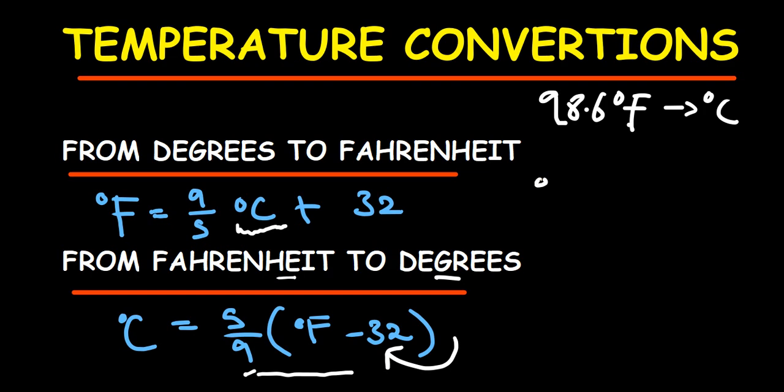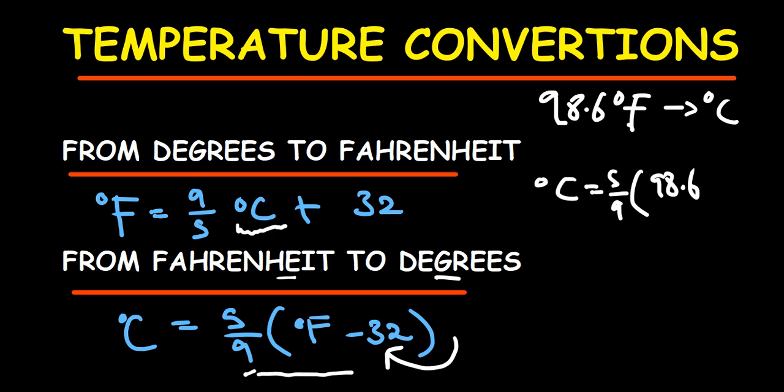So the temperature in degrees Celsius equals 5/9. What is the temperature in Fahrenheit that we've been given? 98.6. And then we are subtracting 32.